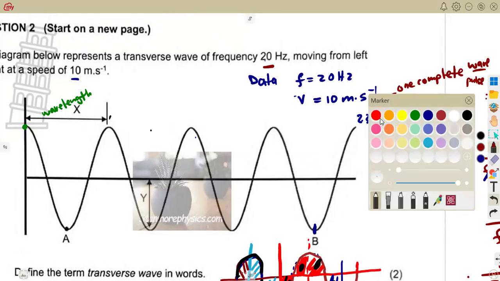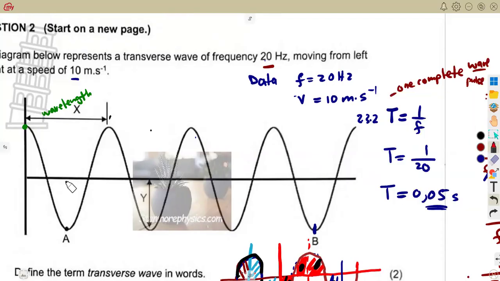This one that I was referring to say when you consider a cycle, all right? Remember this, from this throw to another throw like this. Meaning to say here we have a cycle which is complete, which is 1. That is 0.05. There with the time there is going to be 0.05 seconds.